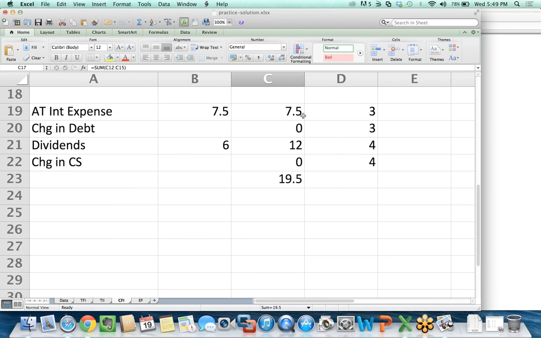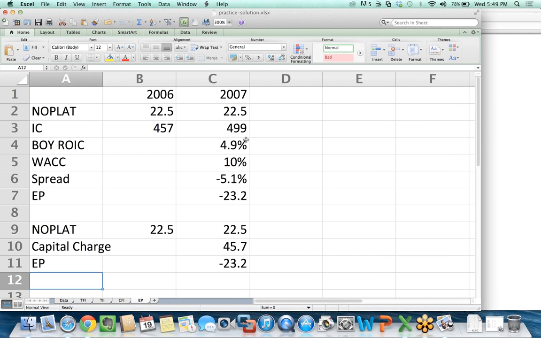And they're using this to pay off $12 worth of dividends and $7.50 worth of interest expense. The company is getting a return on investment of about 5%, 4.9% on an operating basis on its assets. So those are some of the key numbers that we're going to be looking at for a company and where they're coming from, the converted economic statements.